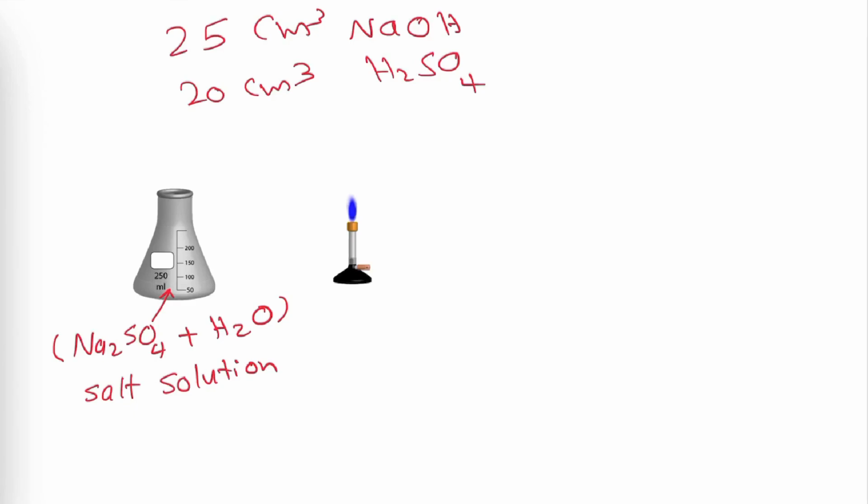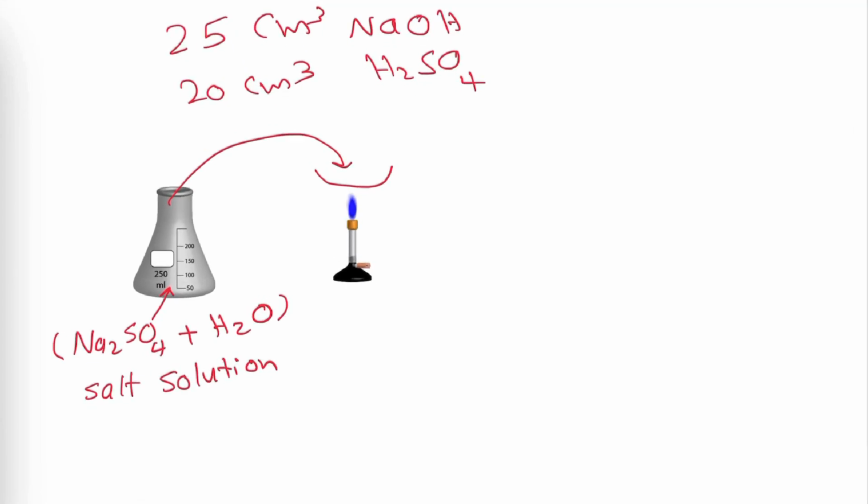Then I get my evaporating basin or evaporating dish and add the solution here. Then evaporate the solution till the crystallization point, meaning till crystals start to appear. Sometimes I have some crystals and still some solution, because I shouldn't evaporate till dryness.